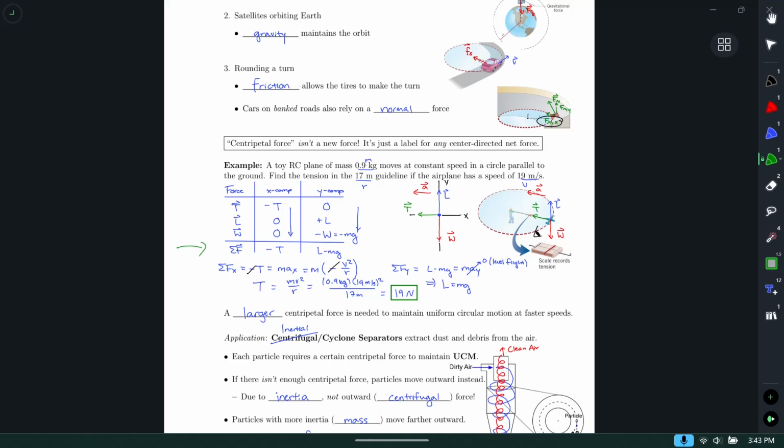You draw a free body diagram, find your components, set equal to mass times acceleration. The only new step is this right here. You put in v squared over r for the acceleration. The negative, remember, is just because that happens to be the direction of the acceleration in this problem. So it's the same rules as for forces. If the acceleration points to the left, you call it negative.